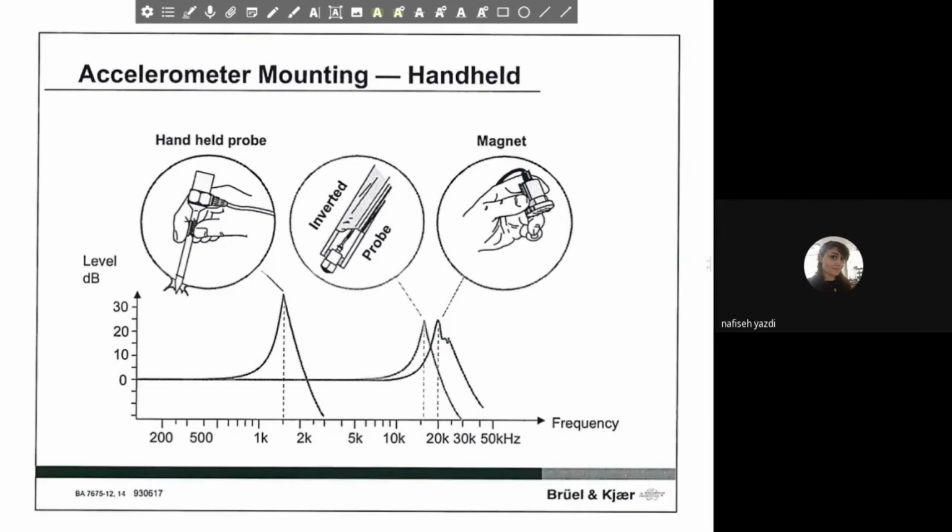However, the handheld could be the only possibility that we have. For example, if you would like to measure the acceleration of a running jet engine at very high temperature, there's no other solution than the hand probe, and you put it there just for a few seconds, you stay there with your hands, and once you take the measurement, you go away. Otherwise, you risk melting everything because of the high temperature. Okay.